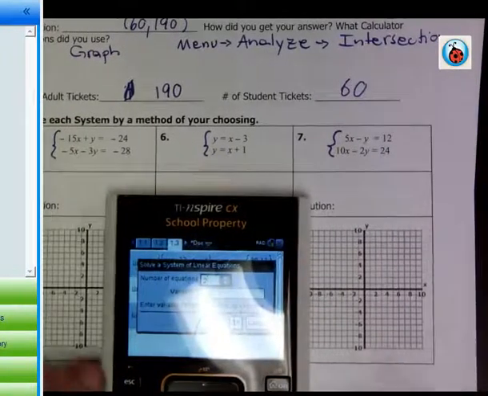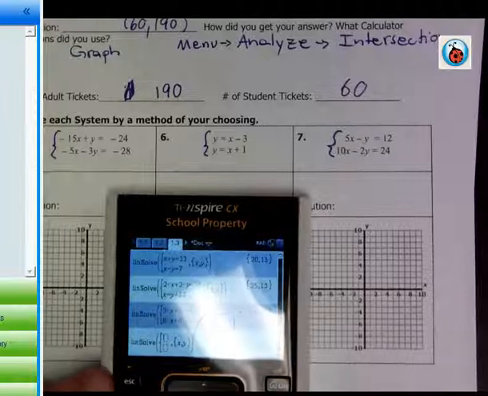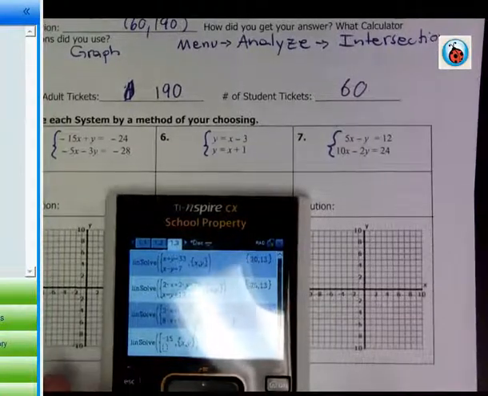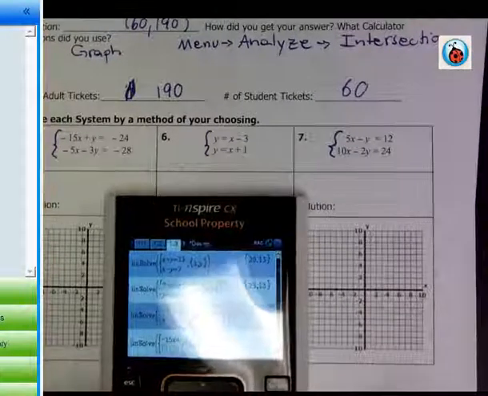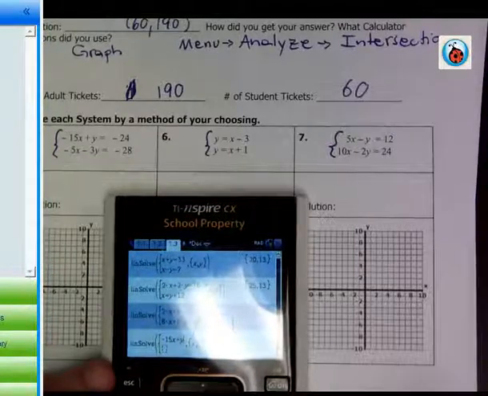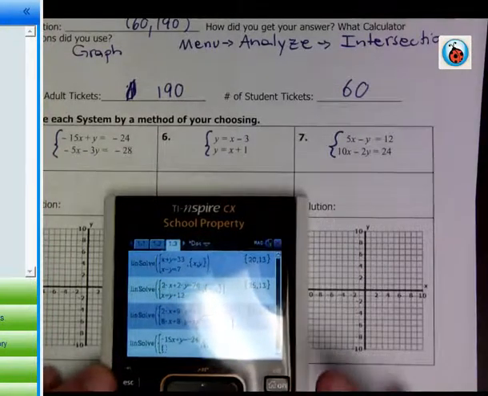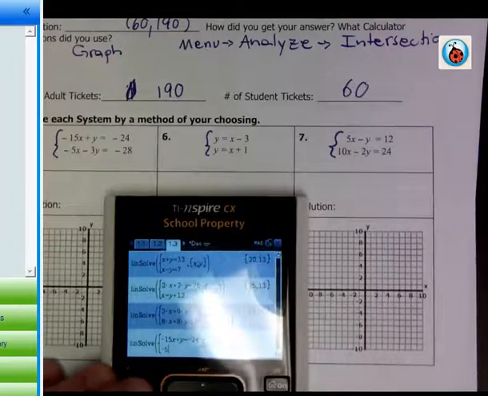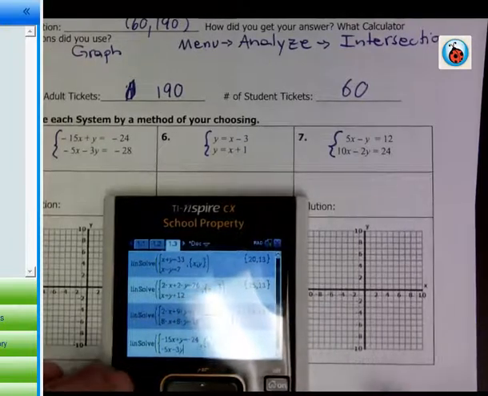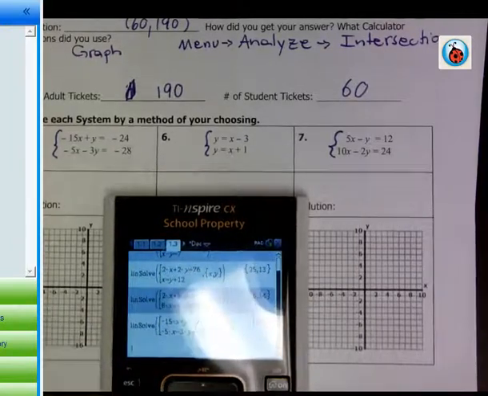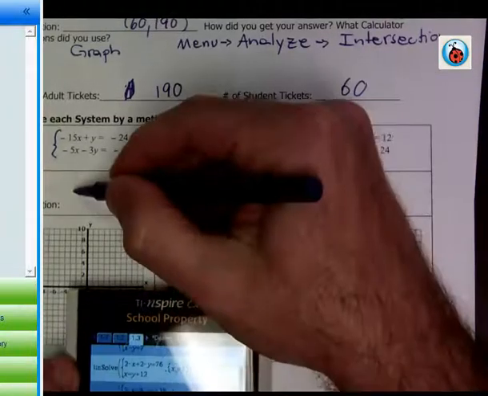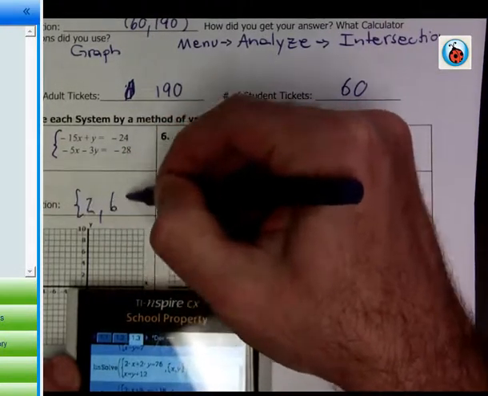And I'm going to plug these in. So I got negative 15x plus y equals negative 24. Negative 5x minus 3y equals negative 28. Okay, so this solution was 2 and 6.